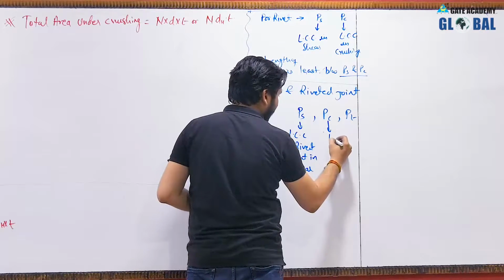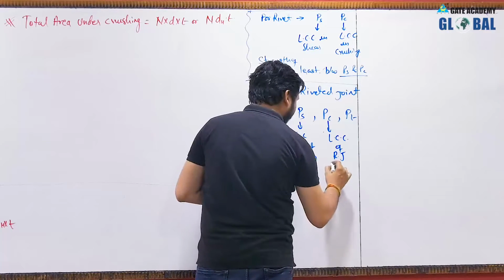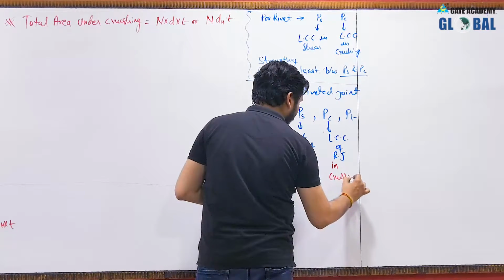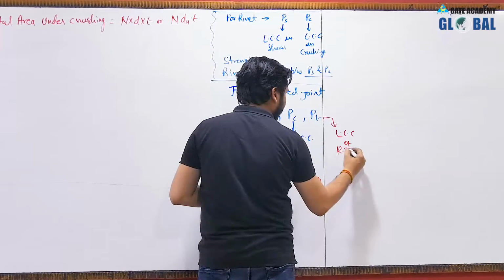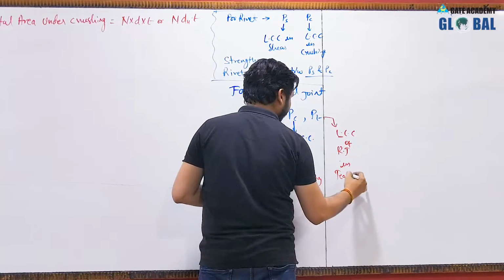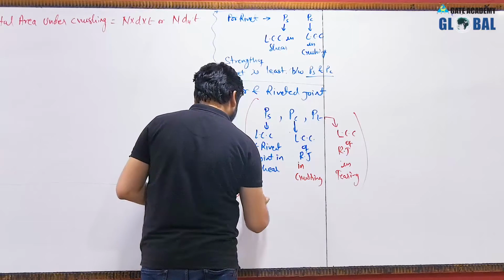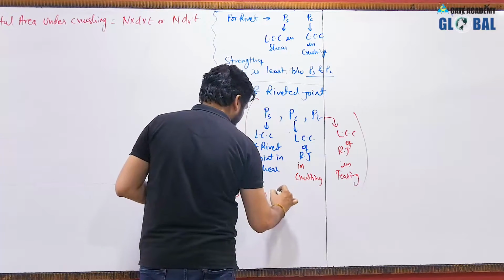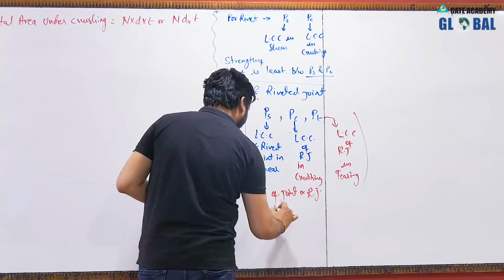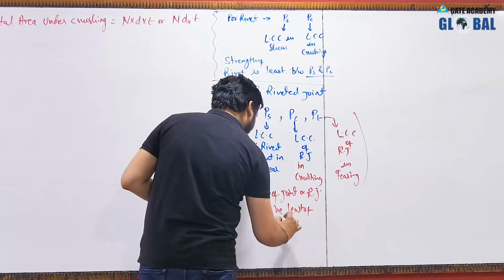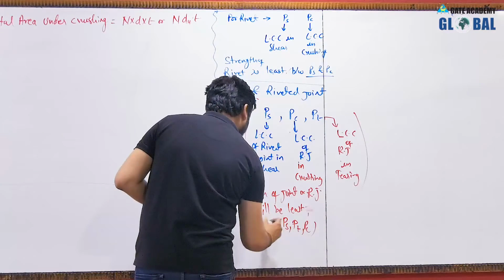This is load carrying capacity of riveted joint, RJ means riveted joint, in crushing, okay, and this is load carrying capacity, LCC, of riveted joint in tearing, and the strength of joint will be least of these three values. Strength of joint, or you can say riveted joint, will be least of PS, PT and PC.